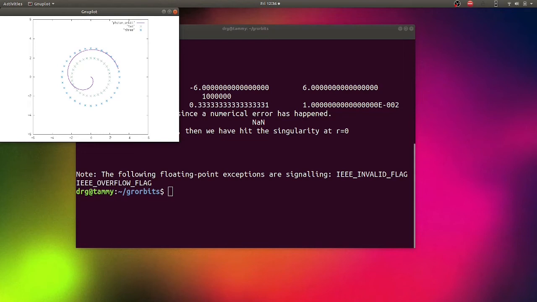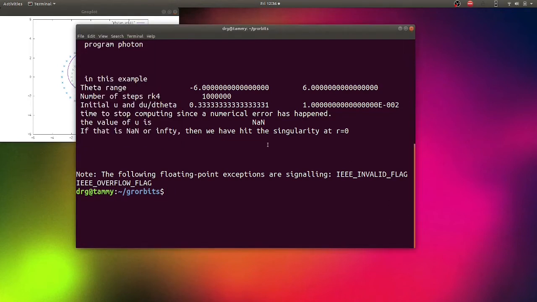I was on the photon sphere, but I had a very small component of motion inwards. The value of u is not a number, which is the signal in my program that it's time to quit. I indicate that if that number is nan, or the infinity symbol, we have hit the singularity at r equals 0, and this is the operating system complaining about the nan.